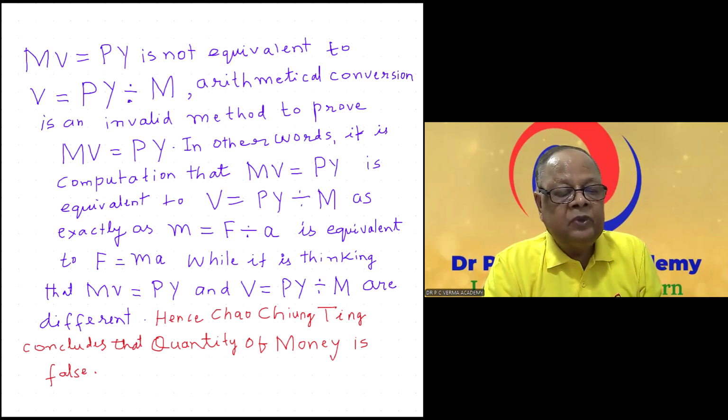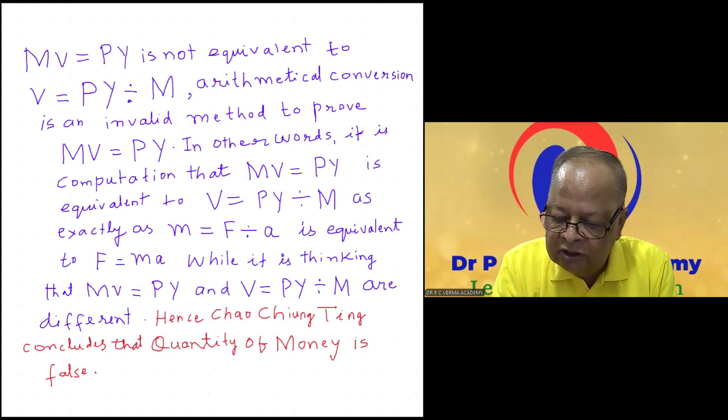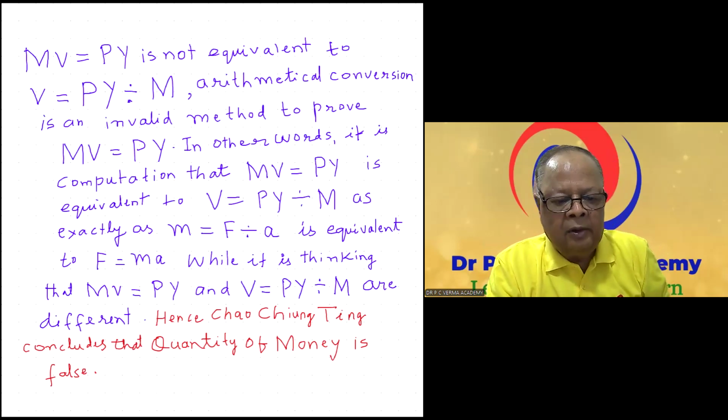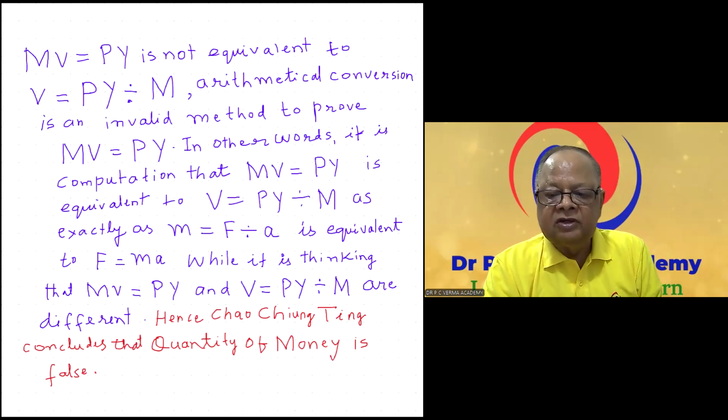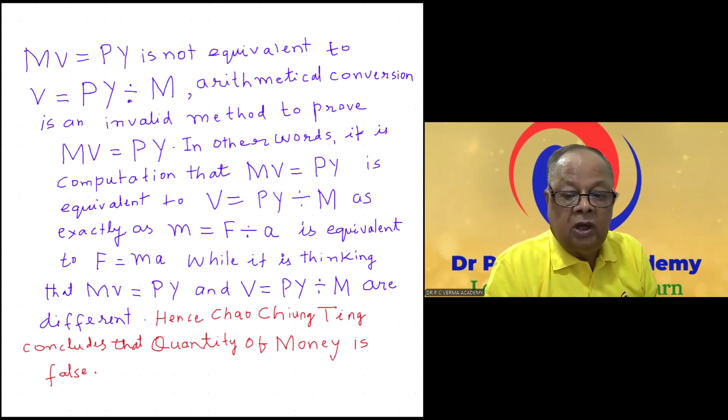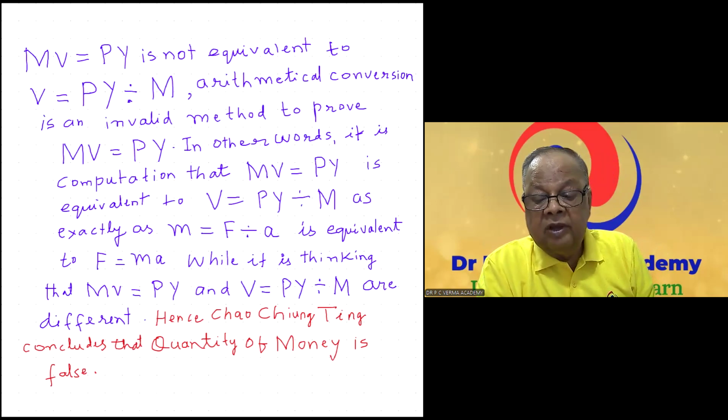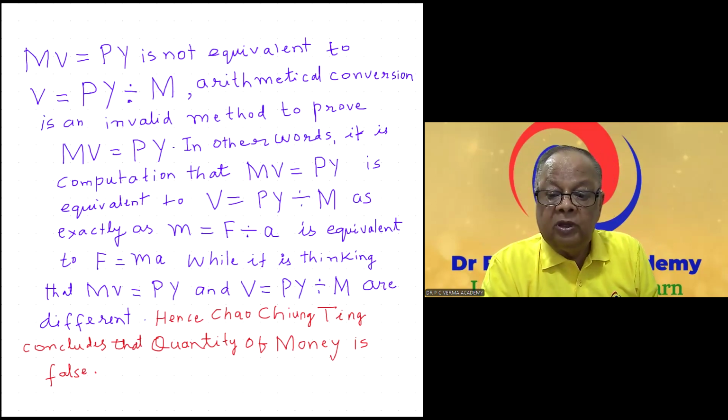And another, Mr. Chao Chiung Ting's version, I have taken as the quantity of money is false. And I have taken the Fisherian version as the quantity of money is valid under his assumptions relating to the closed economy as well as in the open economy.